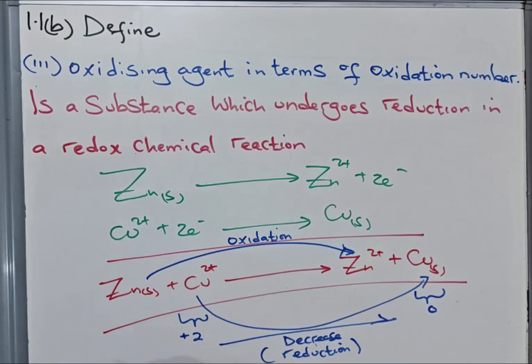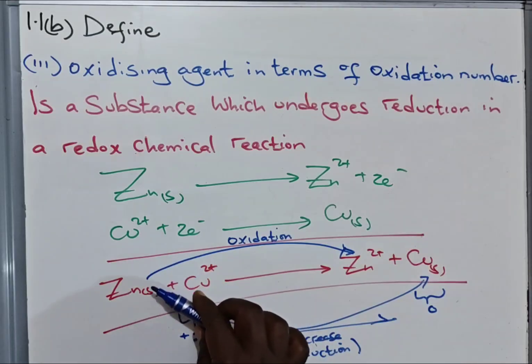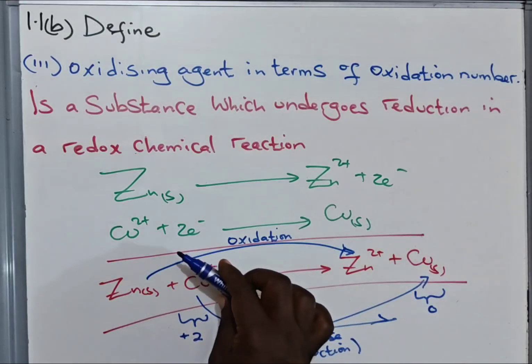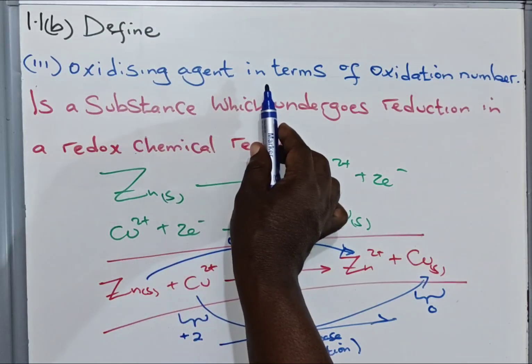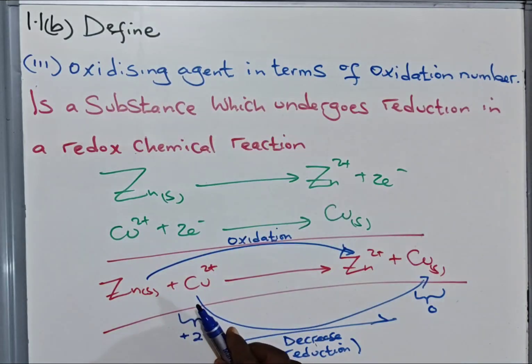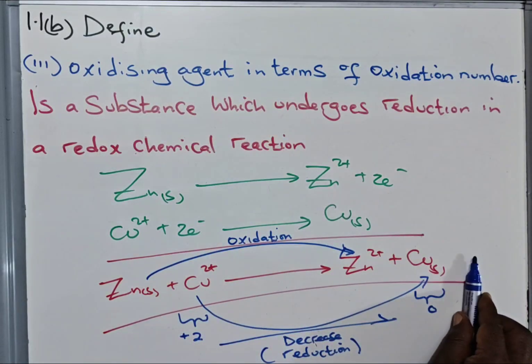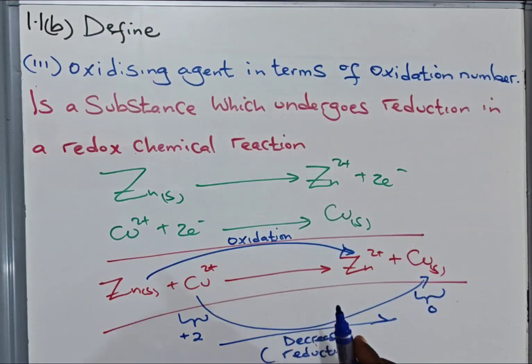So our conclusion is that copper 2 ions are the oxidizing agent because they undergo reduction during a redox chemical reaction.